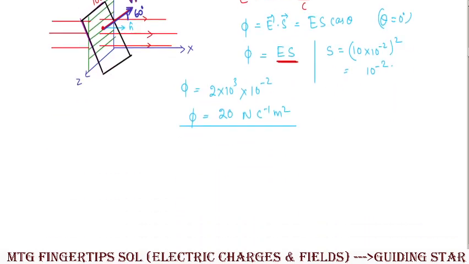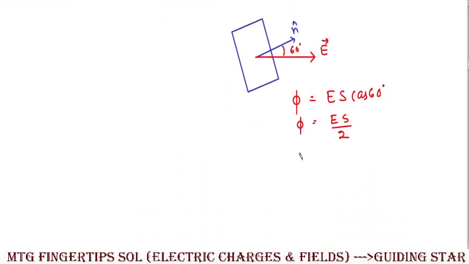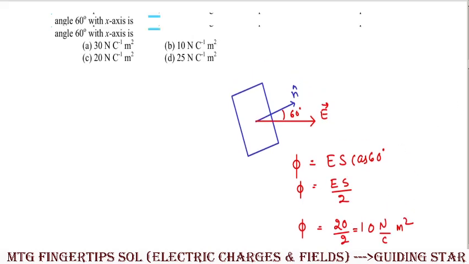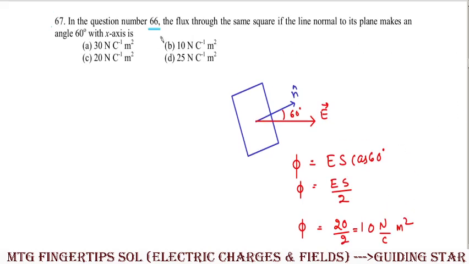So finally, if we put that value over there, phi will be equal to 20 upon 2, so it will be simply 10 Newton per Coulomb meter square. That means option B will be the correct one. Clear? Option B is the correct one.